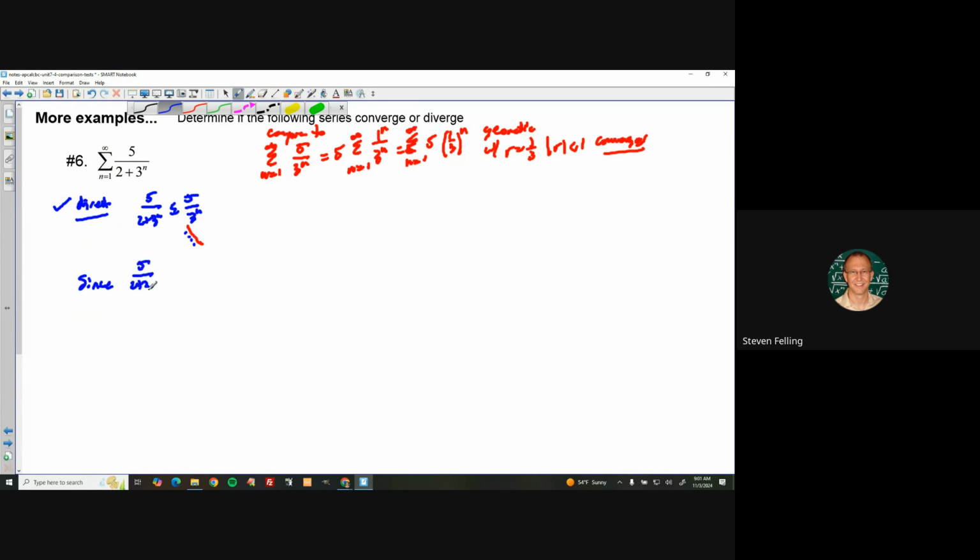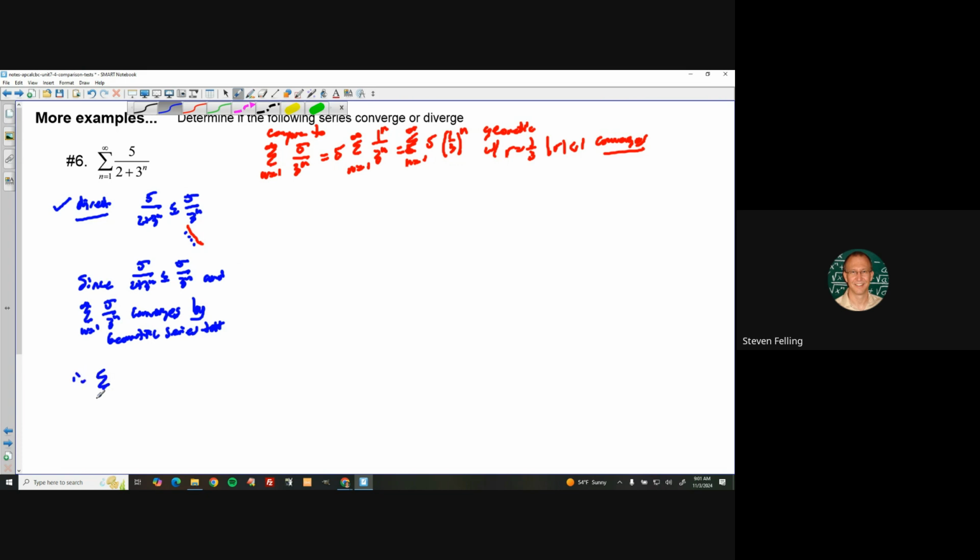5/(2 + 3^n) is less than 5/3^n, and the series n equals 1 to infinity of 5/3^n converges by geometric series test.